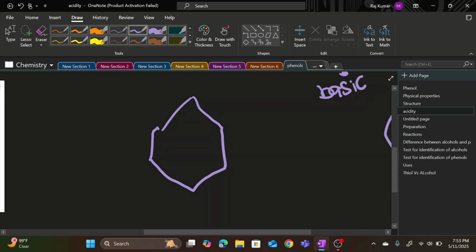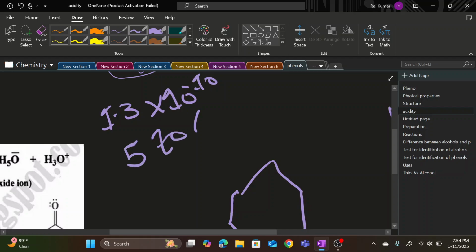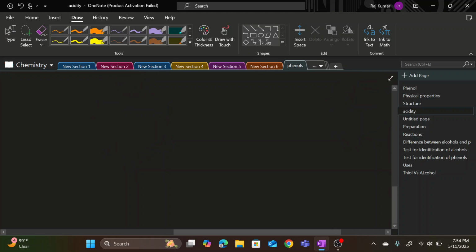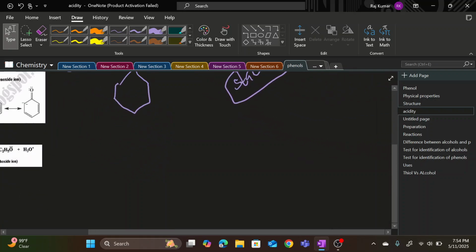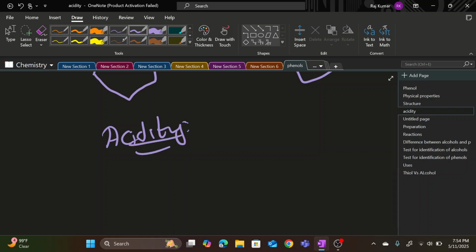this is the reason that phenol has its dissociation constant as 1.3 × 10^-10, or the pH value as 5 to 6, which means it is slightly acidic, right? And if you were to talk about, let's say if I were to draw a comparison series of acidity, such that I write acidity here, and I compare 4 things.